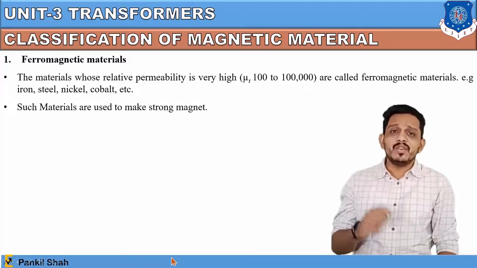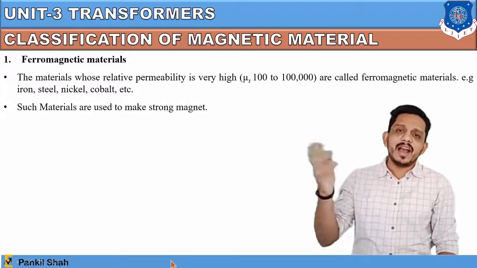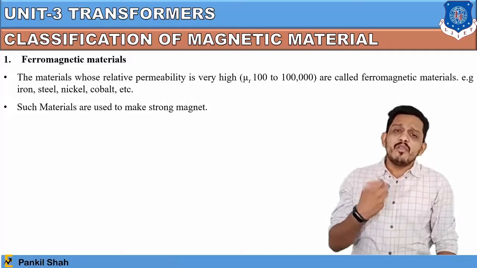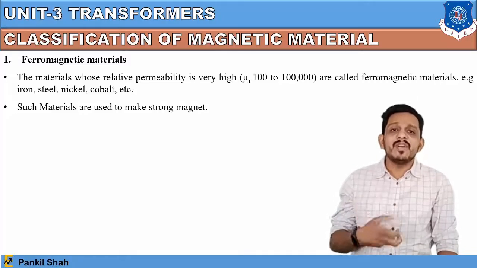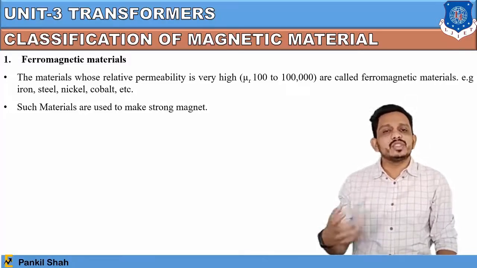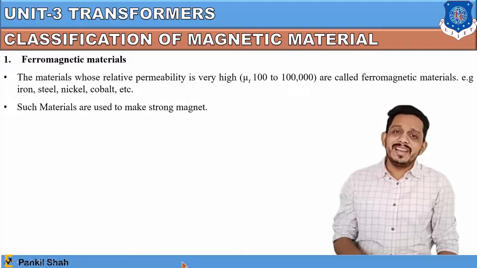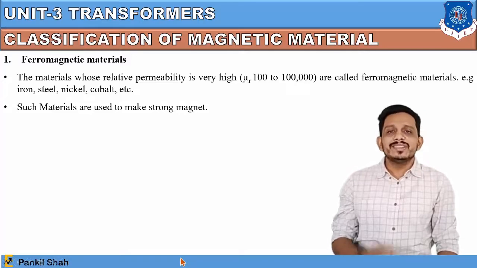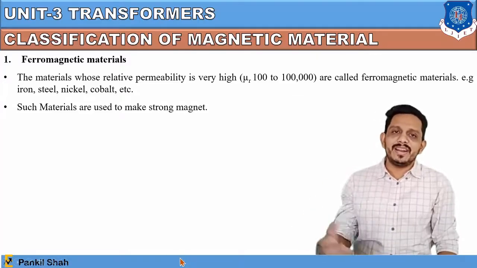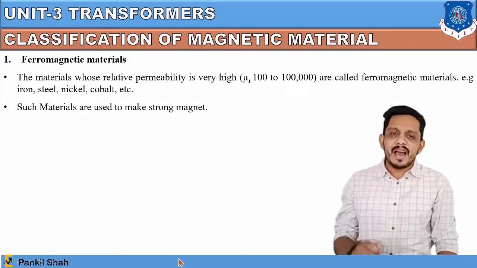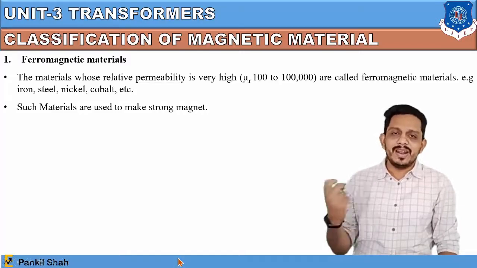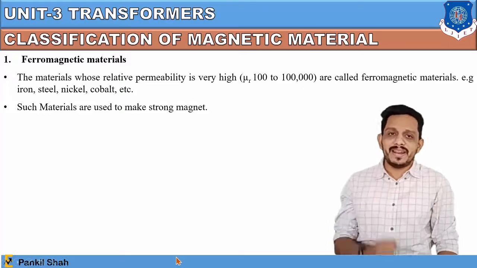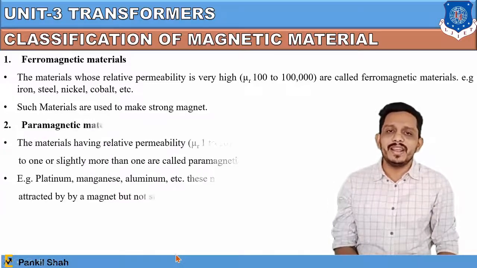It is a material whose relative permeability is very high, which means it has very high chances of production of magnetic flux through it. The relative permeability ranges between 100 to 1 lakh. The examples are iron, steel, nickel, cobalt, etc. Such materials are used to make strong magnets, so they are known as ferromagnetic materials.